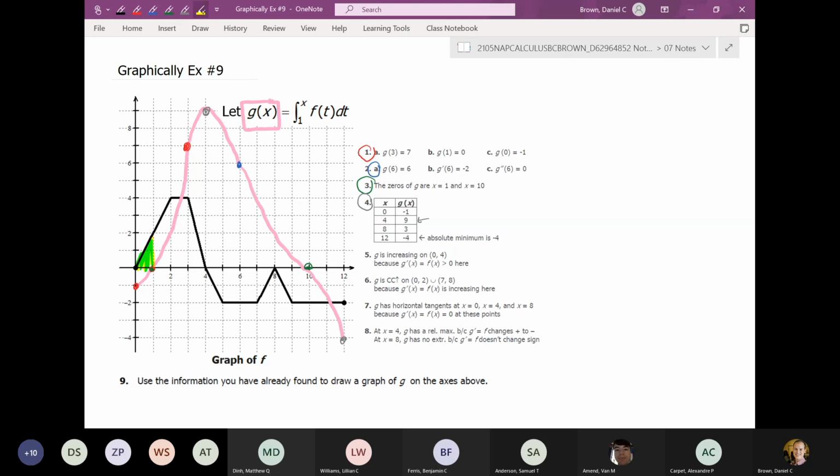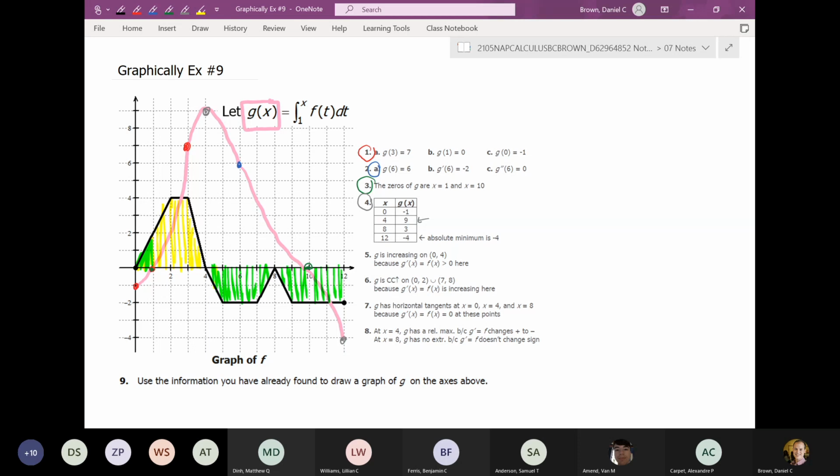But moving forward, since we're starting at 1, we're adding area, adding area, adding area, and we keep adding area up until 4. So that's why the maximum was at 4. And then once we pass that 4, we subtract area, subtract, subtract, and it never goes positive again, so we just keep subtracting the area. At 10, we saw the net area was 0, but then we just kept subtracting area till we ended up with this minimum value at x equal to 12.